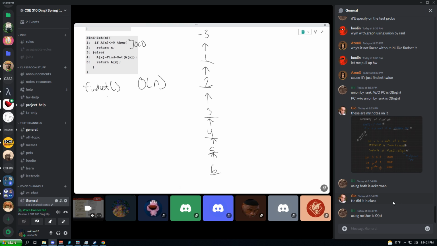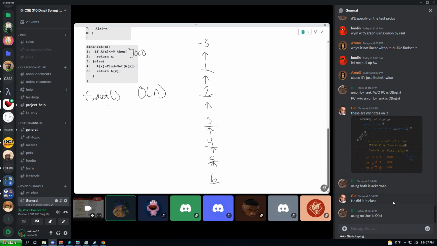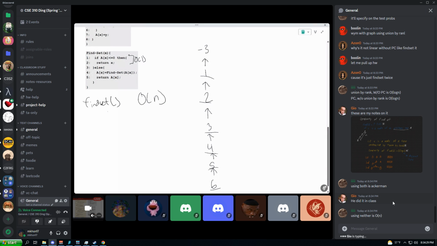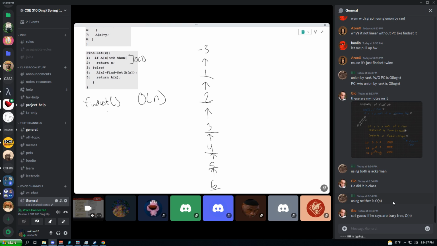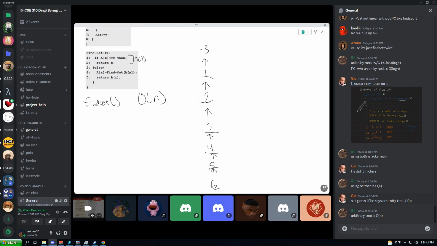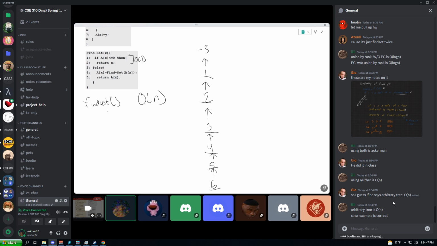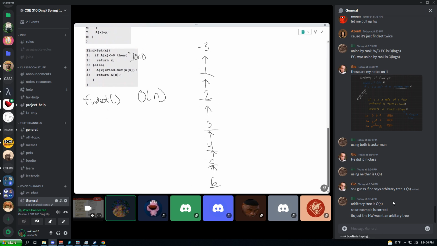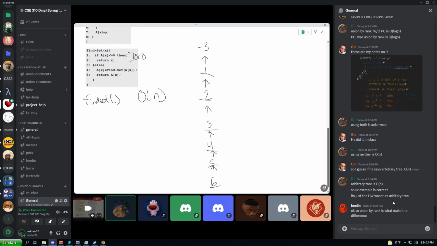Okay, wait, so would union by rank make any difference with the example that I made here? Oh, okay. So this is just an arbitrary tree that was made randomly, so that's big O of n. Okay, so the homework wasn't one. Okay, that's fine. Sounds good then. Then yeah, this works.